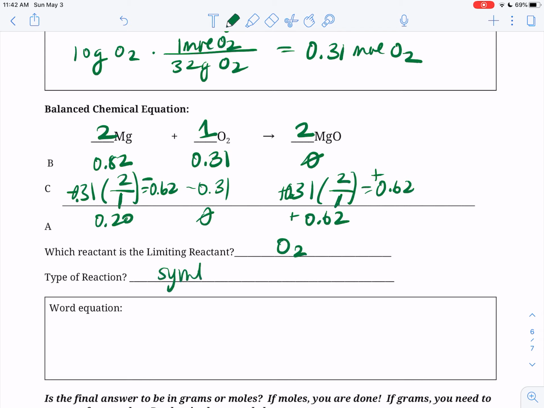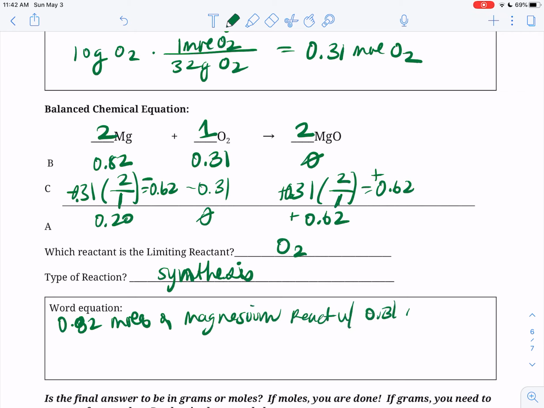Okay, type of reaction. This is a synthesis. All right, 2 things coming together to make something more complex. All right, I'm going to start with 0.82 moles of magnesium.